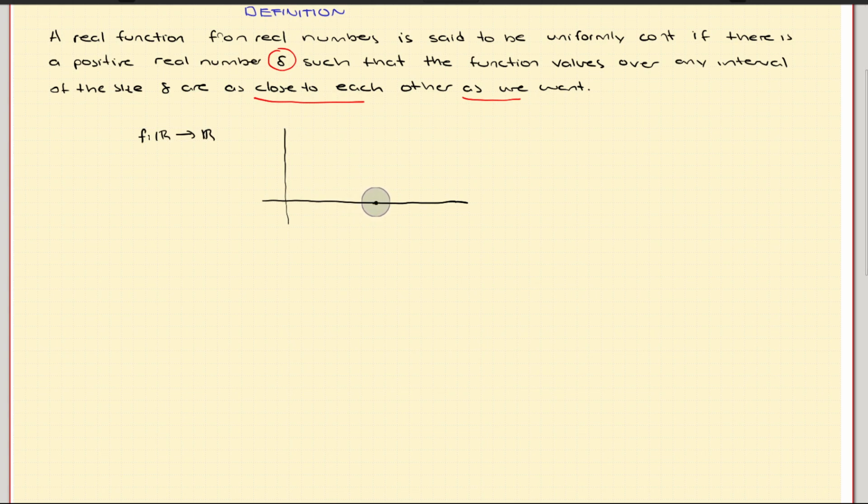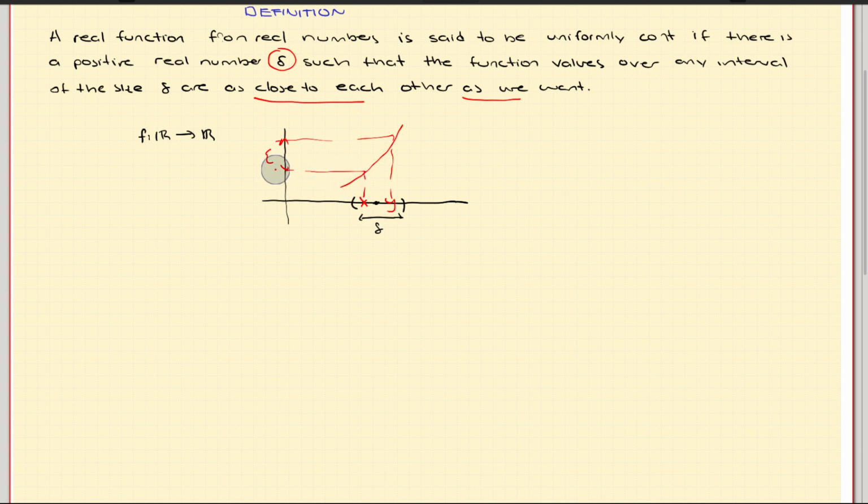We define a delta interval here. The length of this interval is delta, and if we take any two numbers here, say x and y, the distance between f(x) and f(y) is at most epsilon. If this condition is satisfied, we say that this function is uniformly continuous.